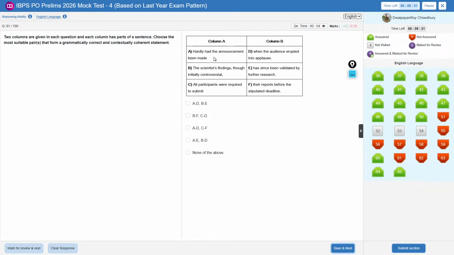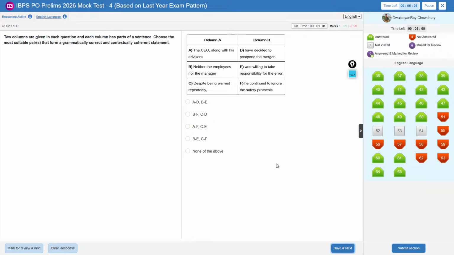Hardly had the announcement been made when the audience erupted in applause. So AD. Participants were required to submit the report before the stipulated deadline. So CF. Usually controversial, has since been validated by findings. The CEO, along with his advisors, was willing to take the responsibility for the error. So AE, okay, not an option.